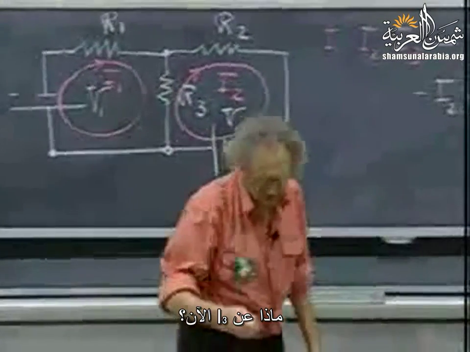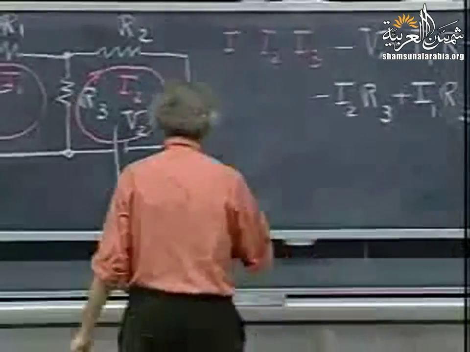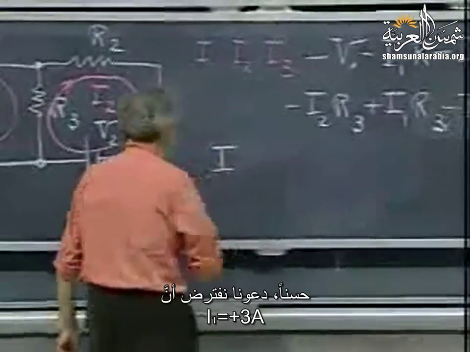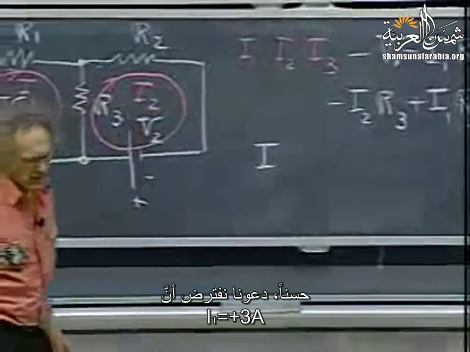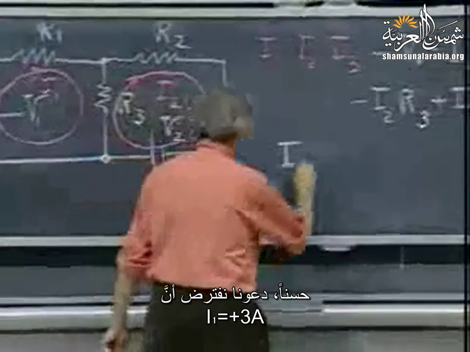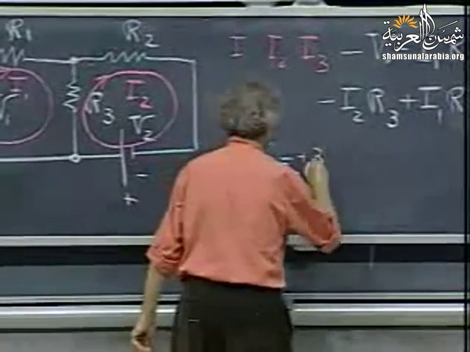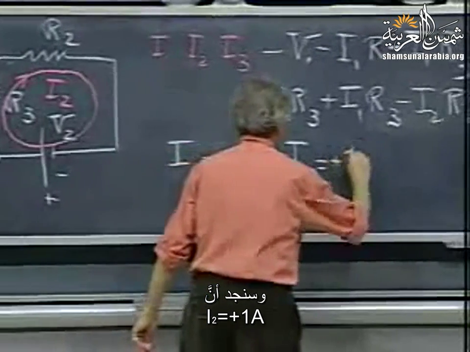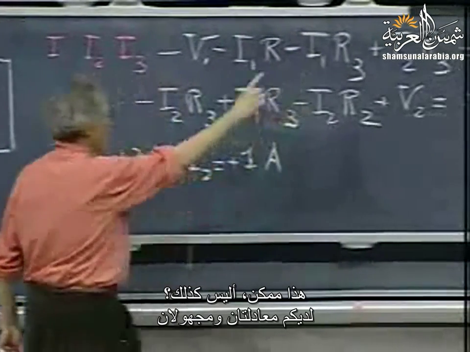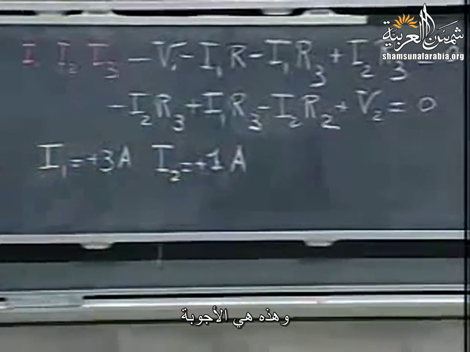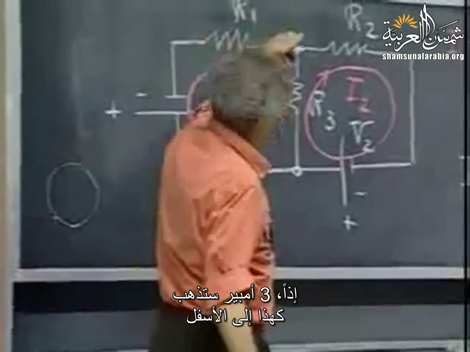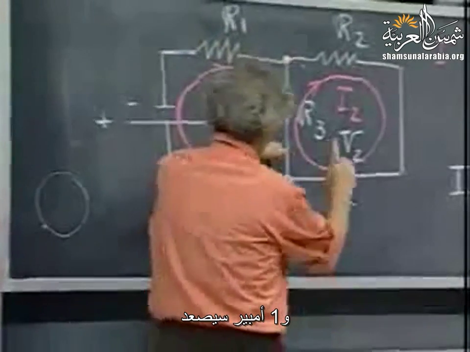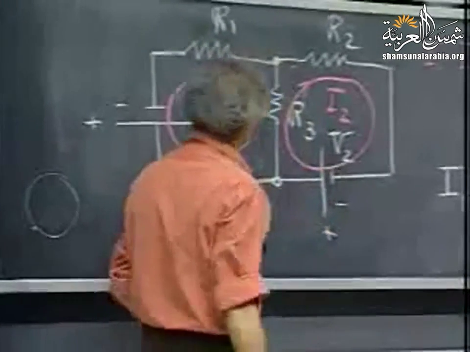How about I3 now? Well, let us assume that I1 is plus 3 amperes, and that you find that I2 is plus 1 ampere. That's possible, right? You have two equations, two unknowns, and these are the answers. So 3 amperes goes like this, whoosh, down, and 1 ampere comes up.